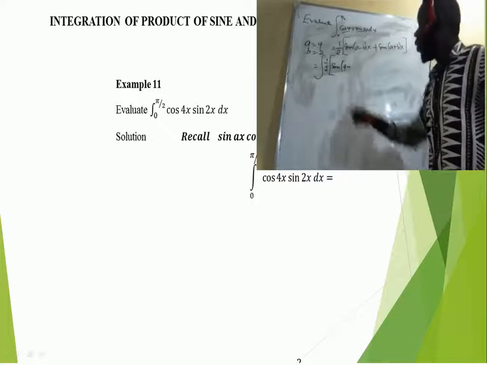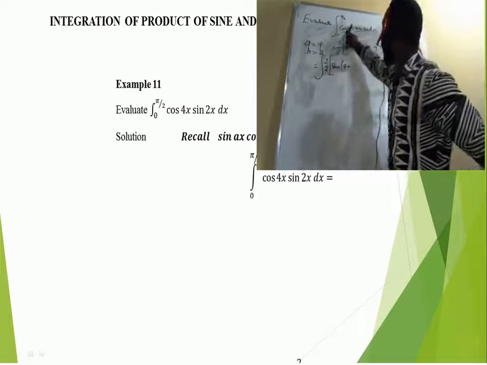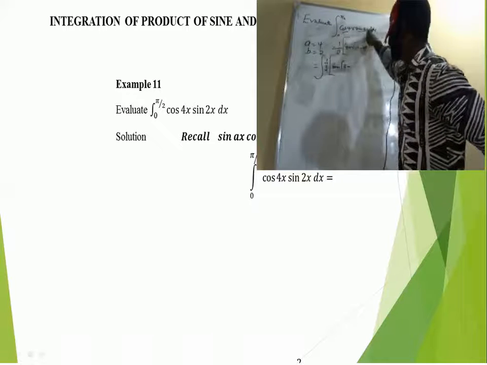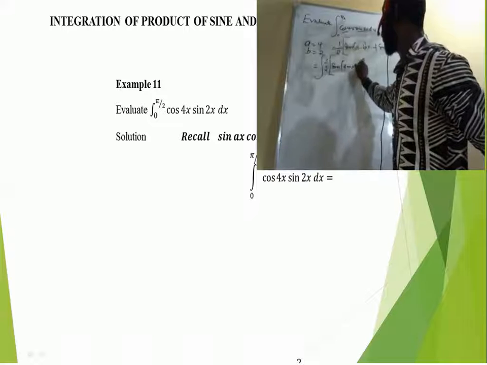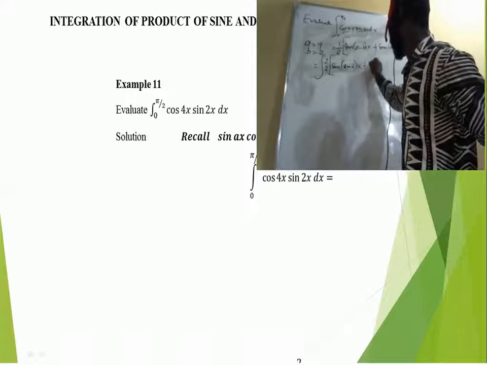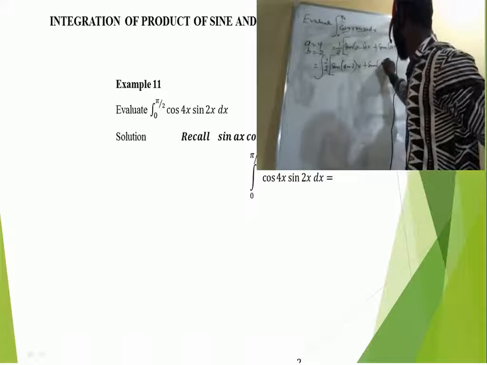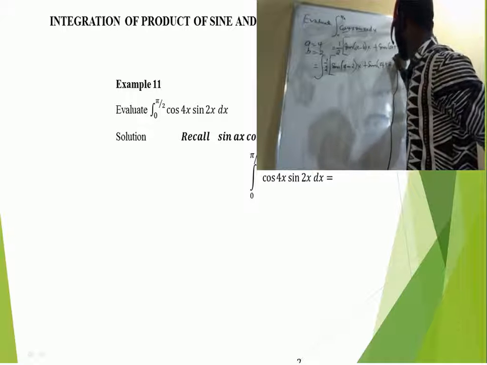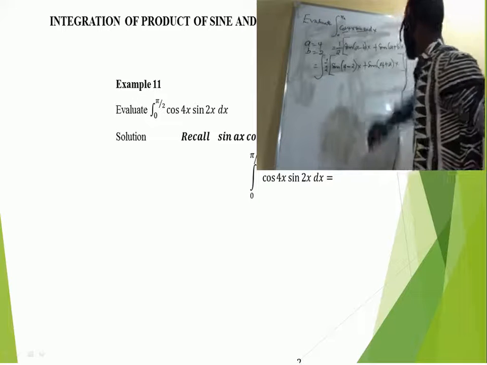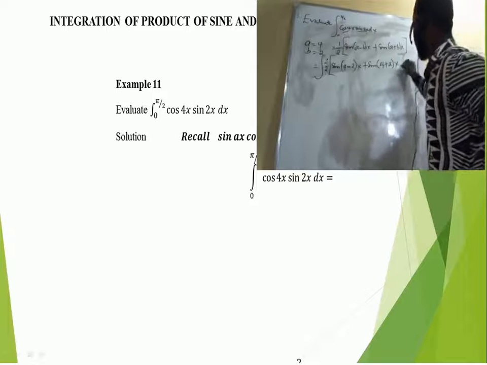Okay, so our A is 4, then our B is 2. So what we need to do is sine bracket 4 minus 2, x, plus sine bracket 4 plus 2, x, then you close it, dx.